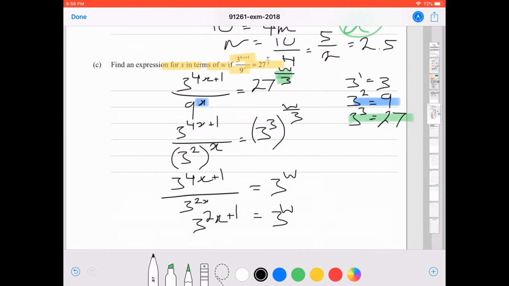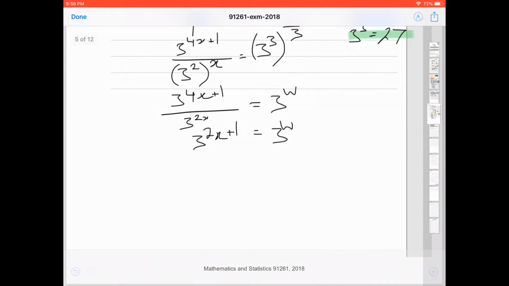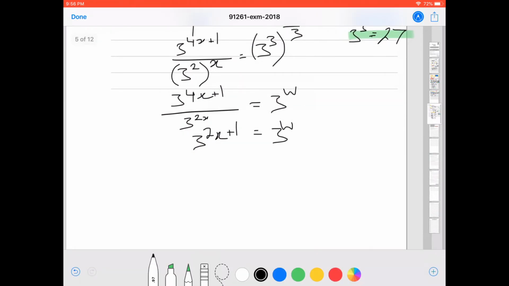And so a third indices rule, and I guess this is why it is a level 2 question and not a level 1 question, we can say we've got two terms that equal each other, they have the same base, and so we can cancel the base and say that the powers they're raised to, in this case 2x plus 1, equals w.